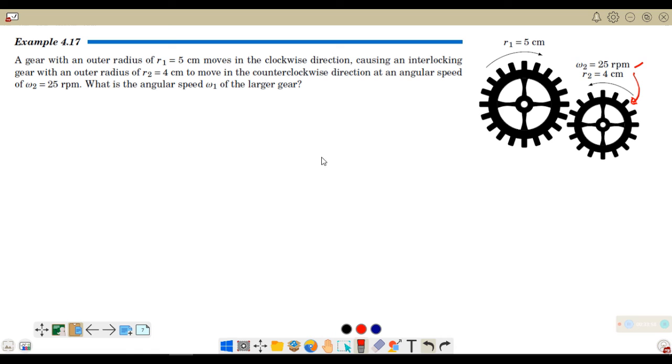Start tayo dun sa mga given. So, larger gear. Ano-ano yung alam natin kay larger gear? So, yun nakasulat dito. We have the radius, which is equal to 5 centimeters.